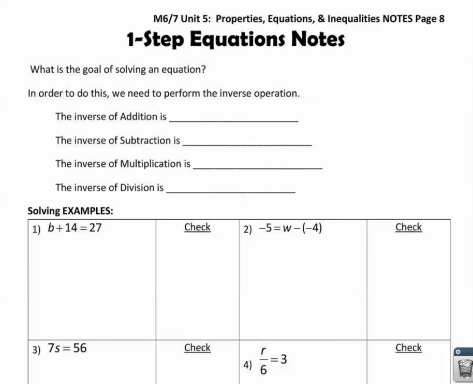One-step equations. What is the goal of solving equations? And that is to get the variable by itself. In order to do this, we need to perform the inverse operation. And we talked about inverse operations.